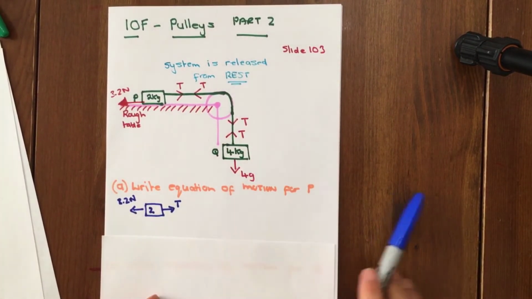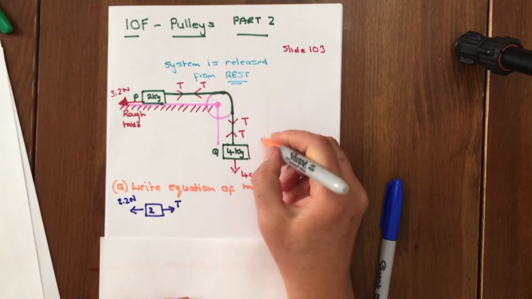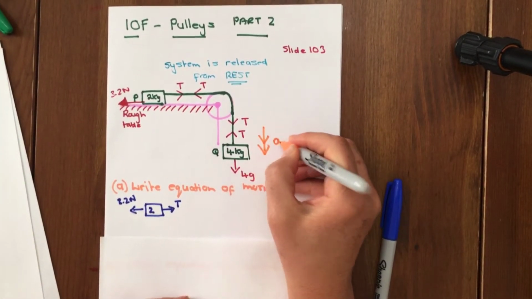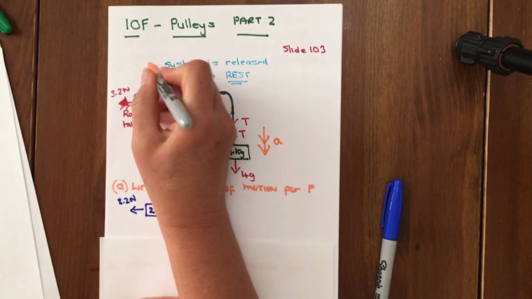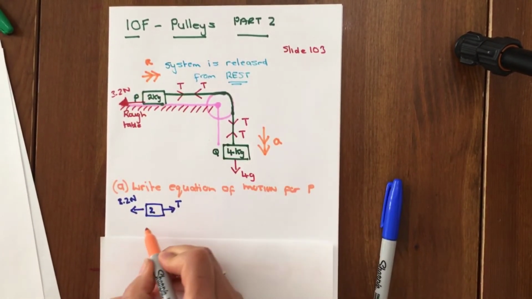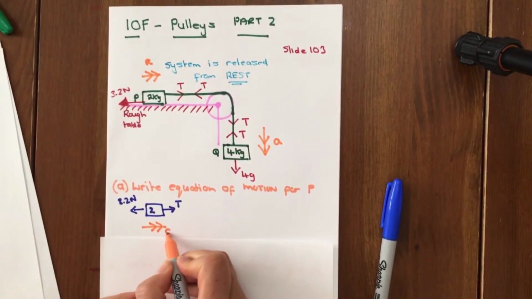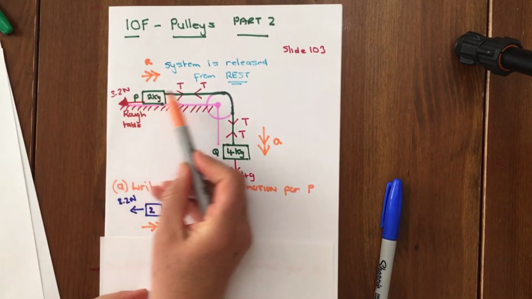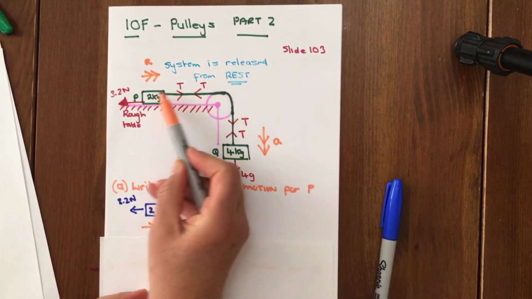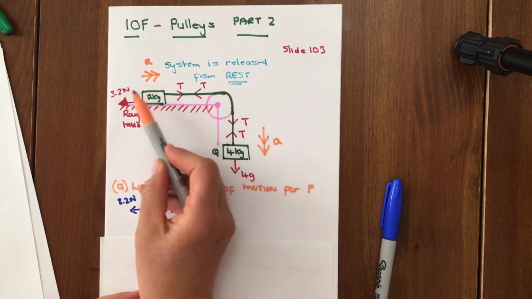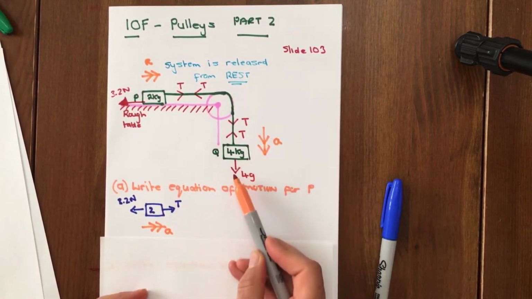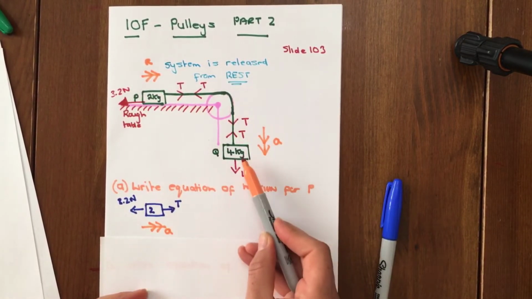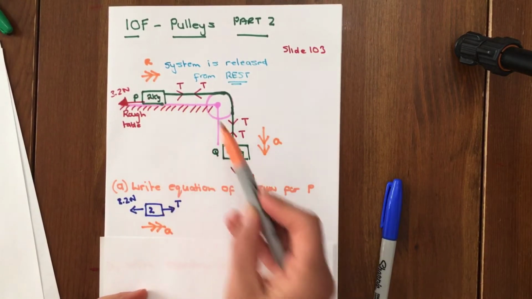So this is going to move down, so we'll have an acceleration here, and this is going to move this way, an acceleration here. Because this is a light, inextensible string, the acceleration is the same for the whole system. So this is accelerating at the same as this.